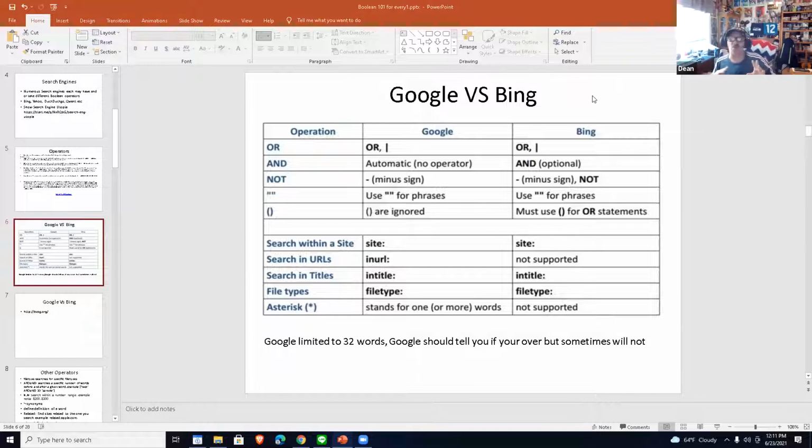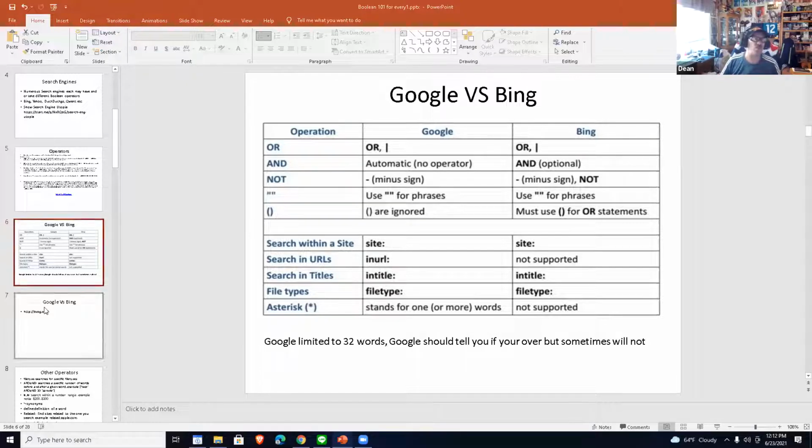Most Google-based browsers will accept the URL, but not all. Filetype is the same, so that's good. And then the asterisk, which is basically the wildcard, is accepted in Google, but it's not accepted in Bing. So those are things you need to keep in mind. The other thing you need to keep in mind is Google limits you to 32 words. Bing doesn't. So keep that in mind.